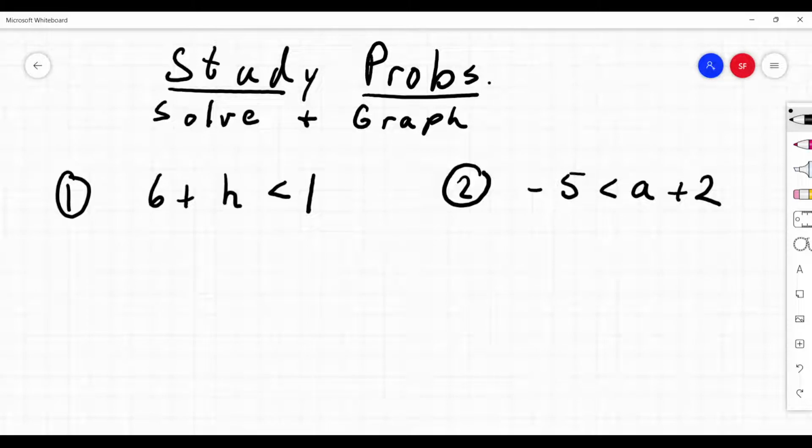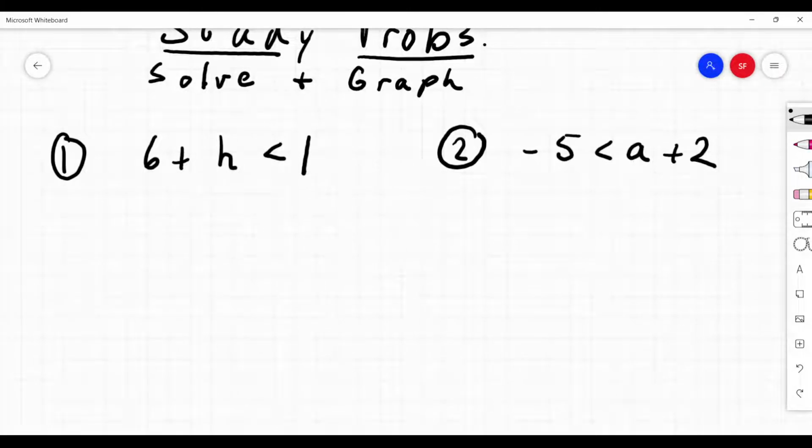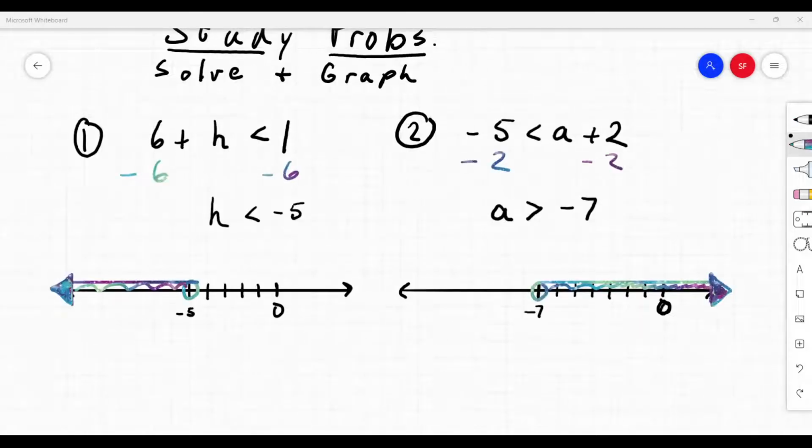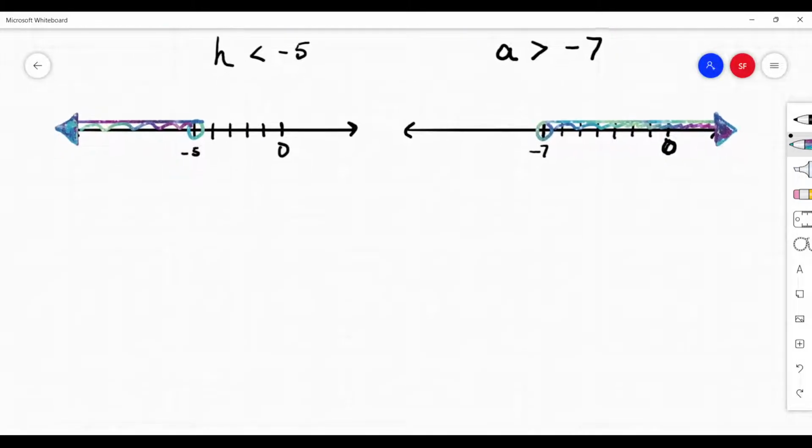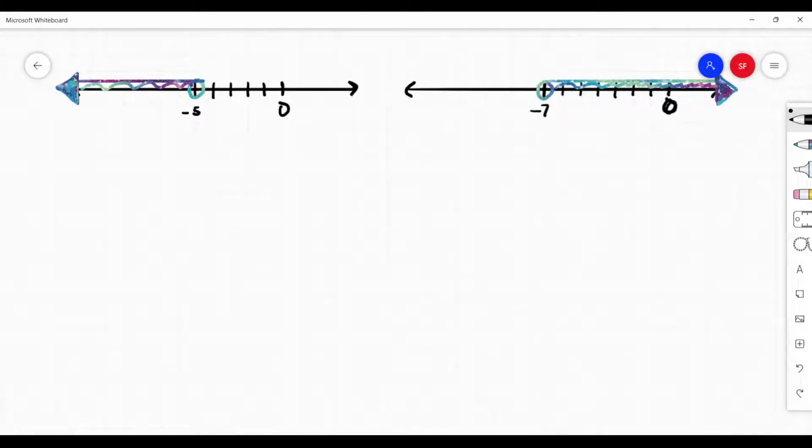Ready, go. So, there it is. Okay, let's do a couple more. Same instructions. Hey, you did it right. Good job. Okay.